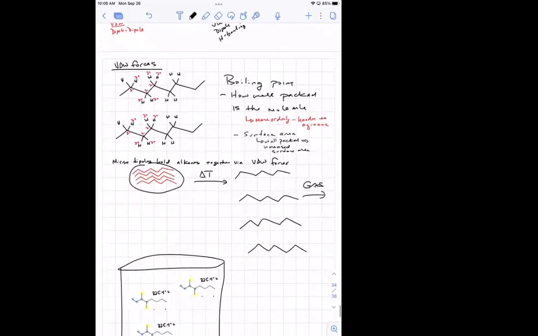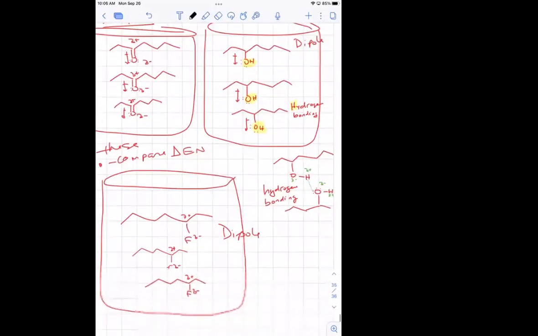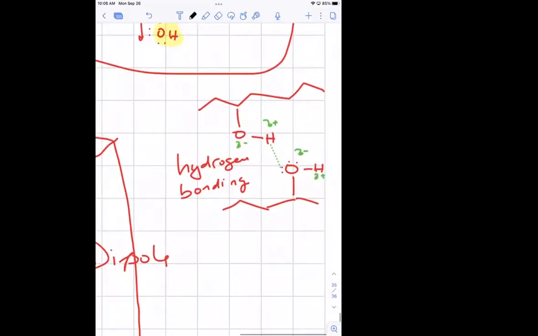And I explained what hydrogen bonding is using the OH group. The hydrogen on one oxygen is attracted by another molecule of that same alcohol, so they form an interaction between one of the lone pairs on that oxygen and the hydrogen atom that I have depicted.